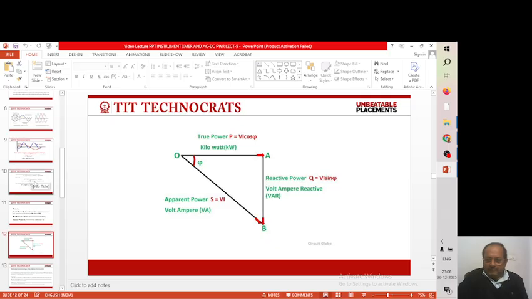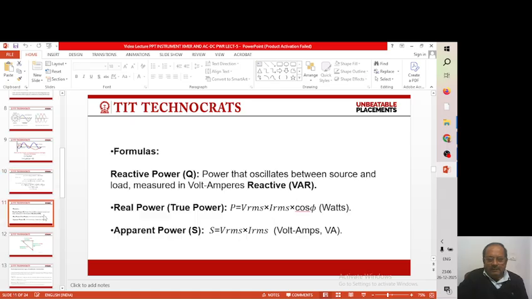So what is reactive power? Reactive power oscillates between source and load and is measured in var, volt ampere reactive.